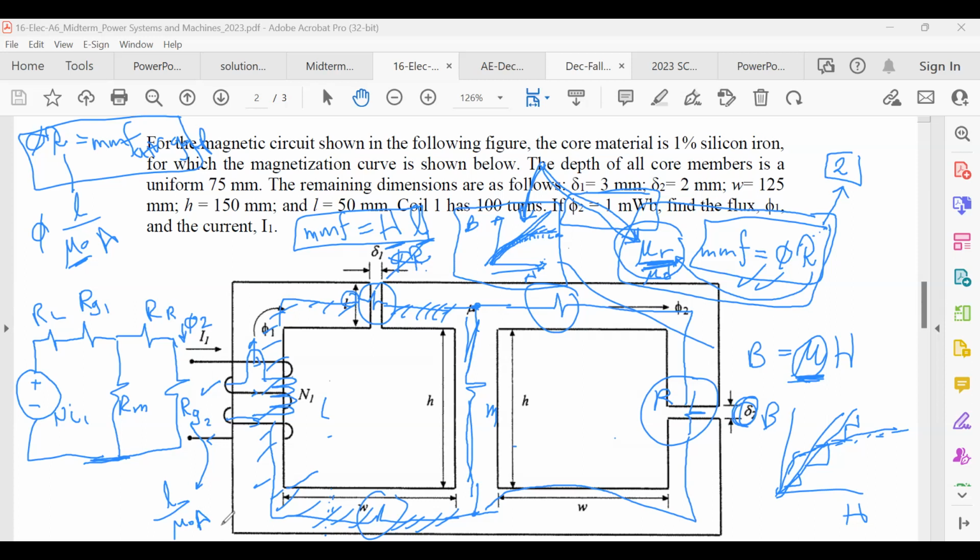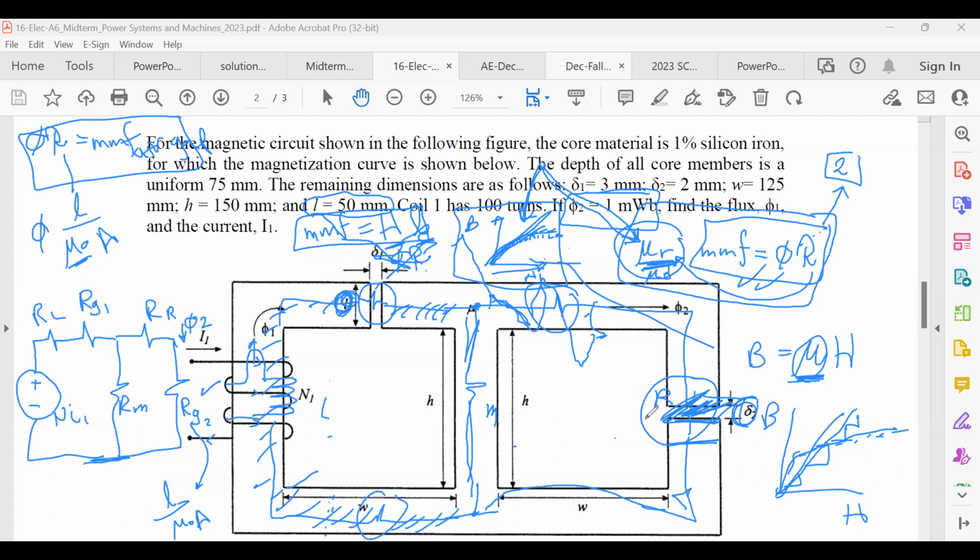One time I found in the solution that you got the A incorrect. What is the cross-section area here? It's this times the thickness or the depth. This is this area. What is L here? It's here, 50.